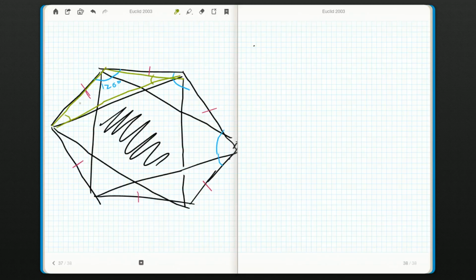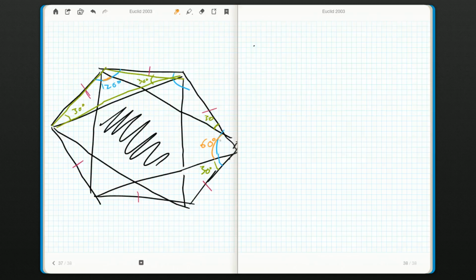We have 120 accounted for, so these two green angles must add up to 60. So they must each be 30. Okay. So we get an angle of 30 here, an angle of 30 here. And so that leaves us with an angle of 60 degrees in here for this triangle right here.